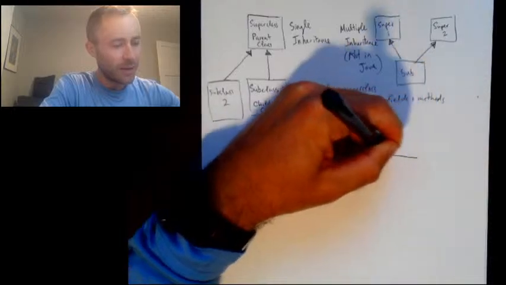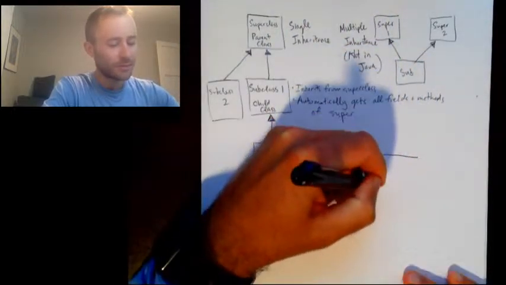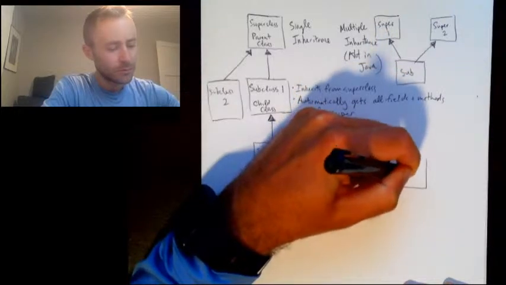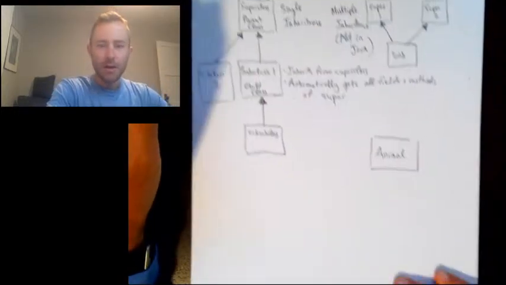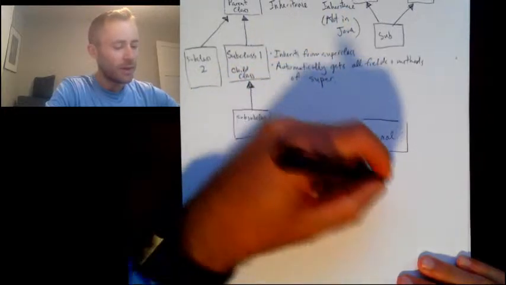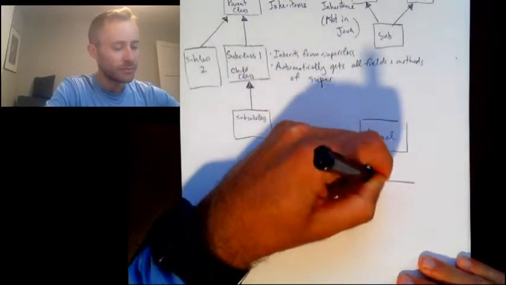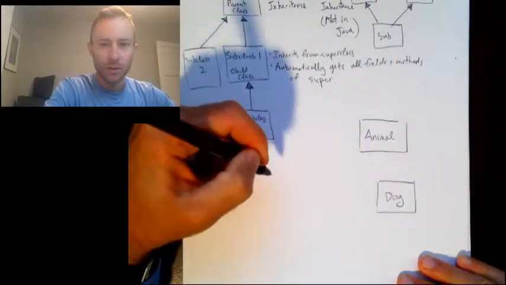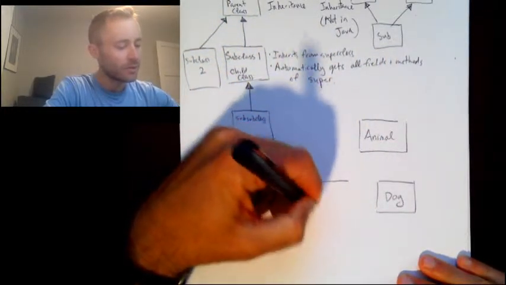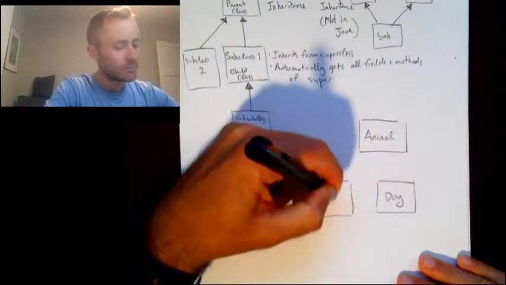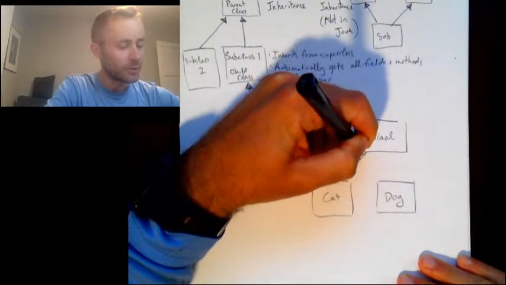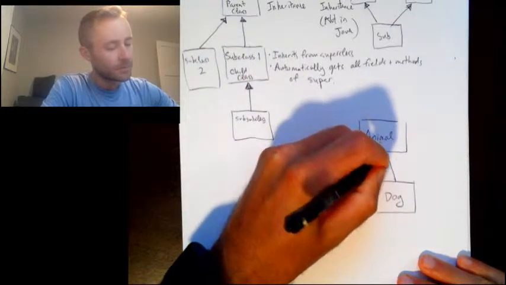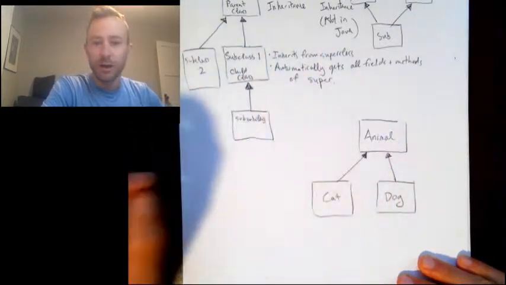So we're going to have a superclass called animal. Okay? And then we are going to have a subclass called dog. And we're going to have a subclass called cat. And both of these are animals, so they both inherit from class animal.